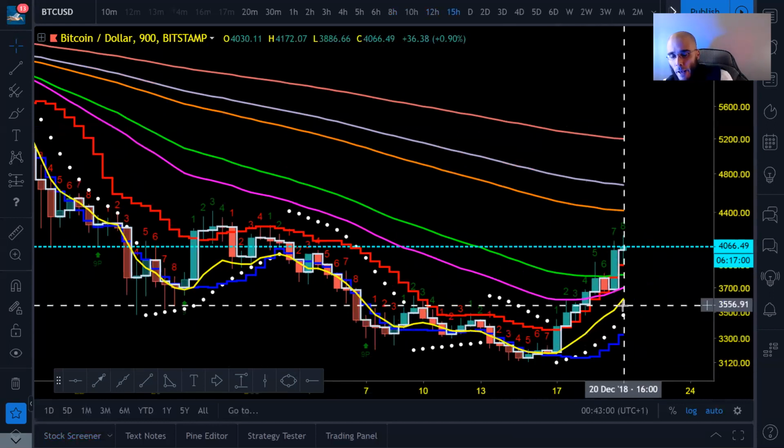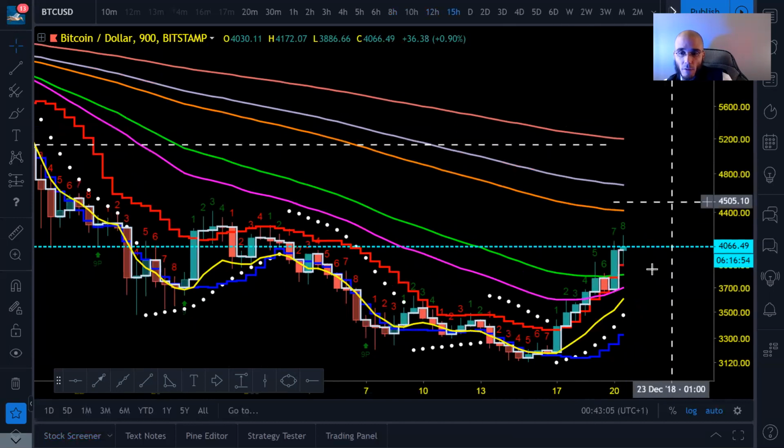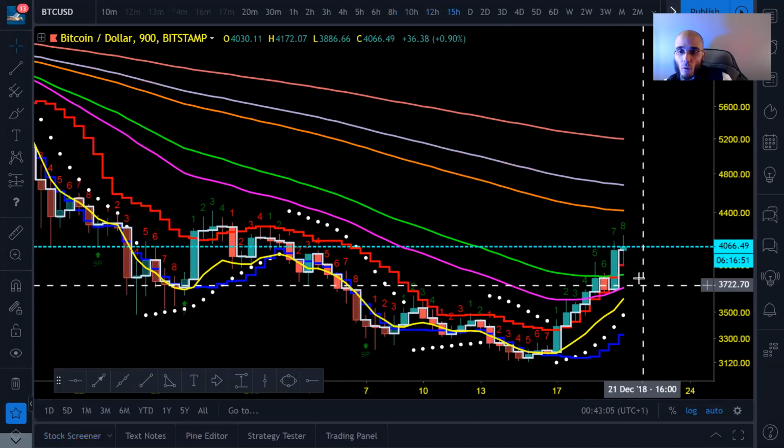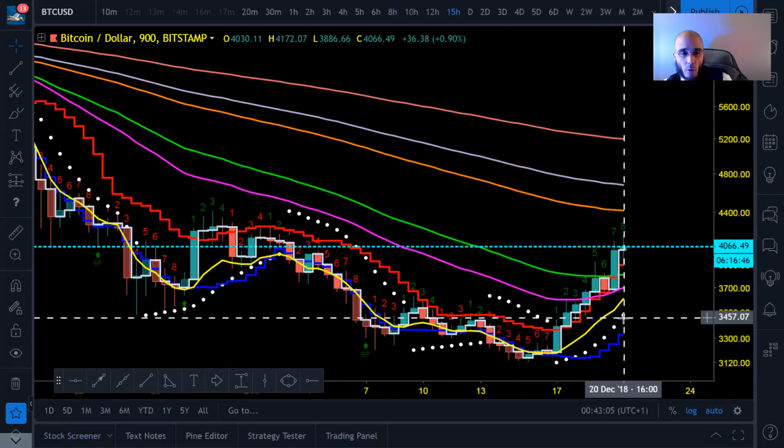Now the same thing, you're on an 8 and expecting a 9. You have all the resistance above, and you managed to go above the 50, the 30, and the 7. Stop and reverse are below the price.